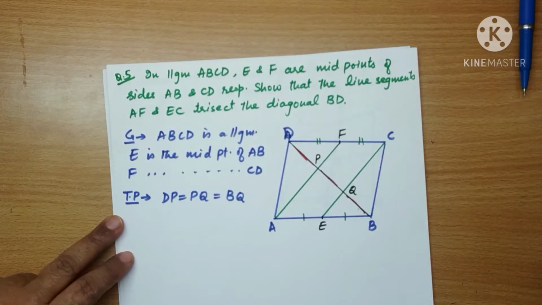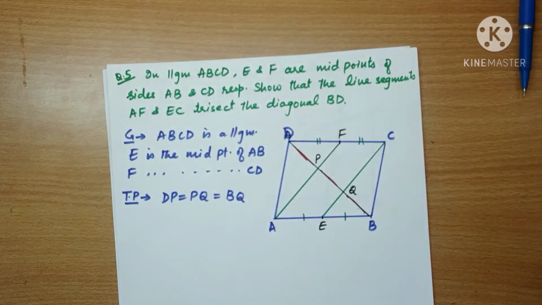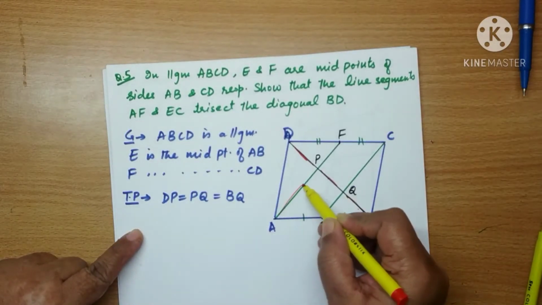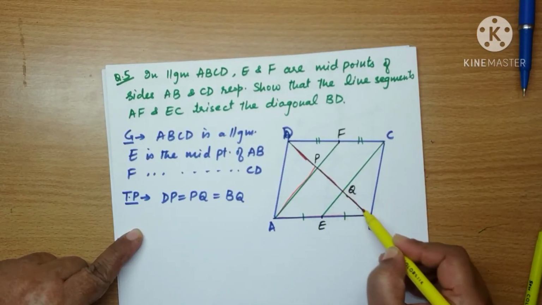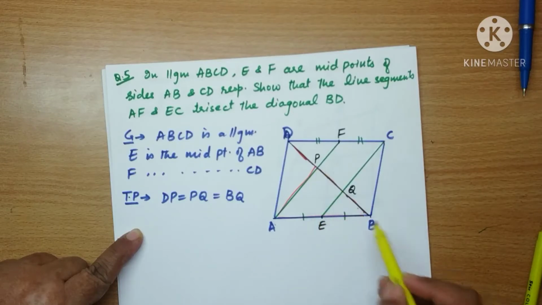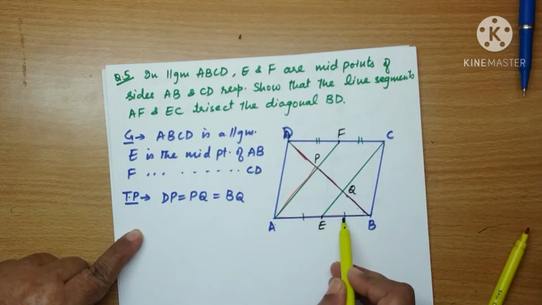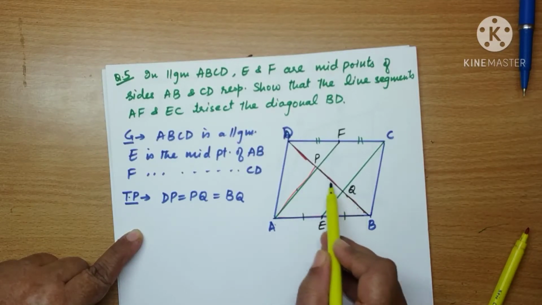For that you need to have a line which passes through. First you need to have a triangle. So if I consider this triangle APB, I have a line passing through the midpoint of the side, but it should be parallel to the other side so that it bisects the third side.